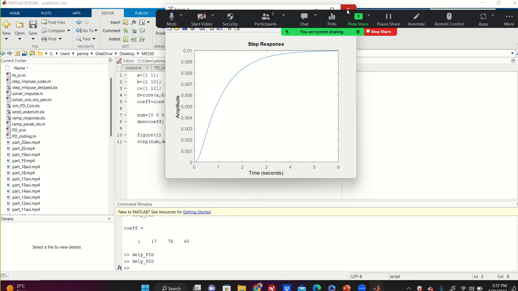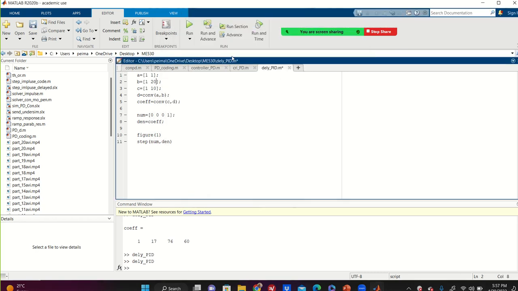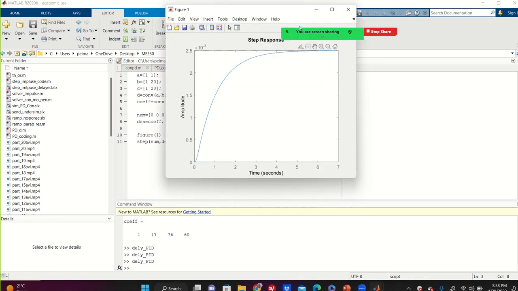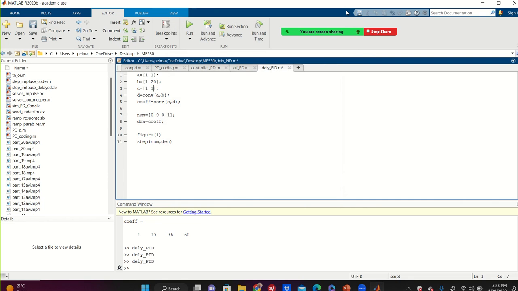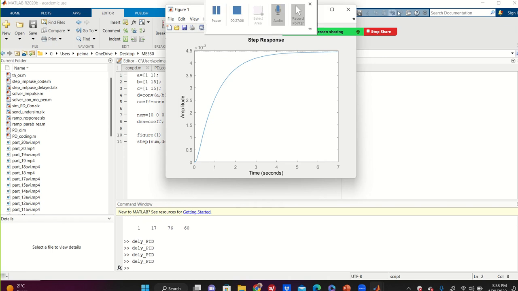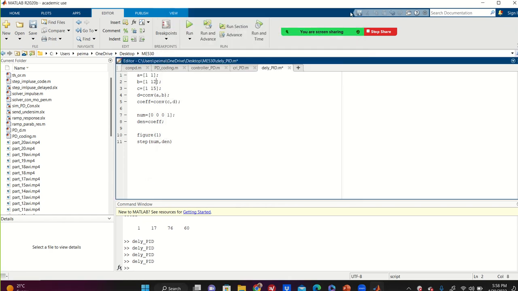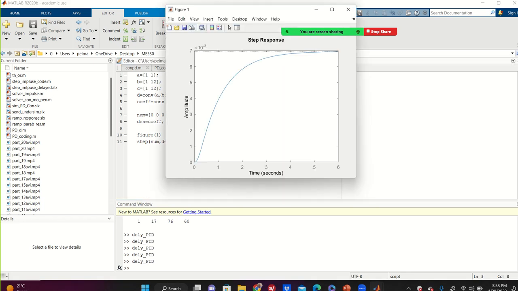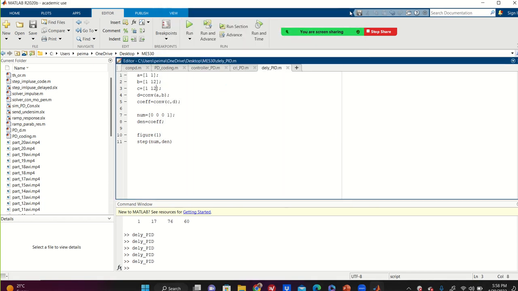Yeah, much better. So let me increase the numbers to 20. Bear with me, I'm going to tell you how I find those. Oh, that's too much. 15. 10 is much better. 12. 10.